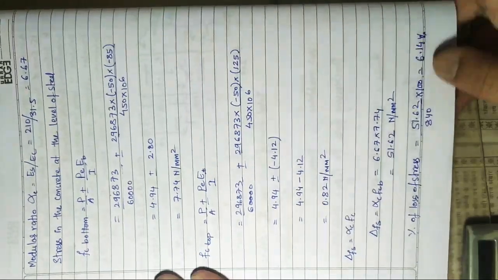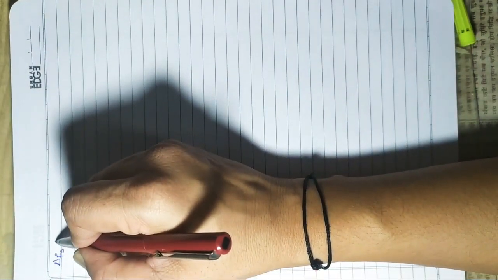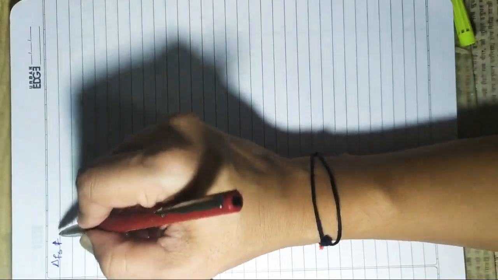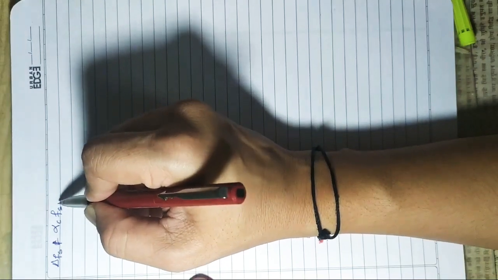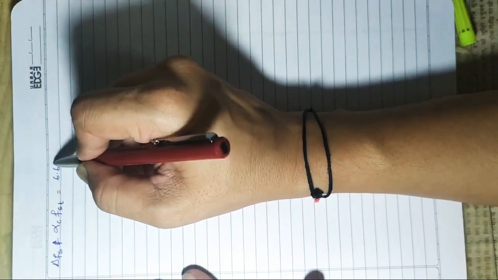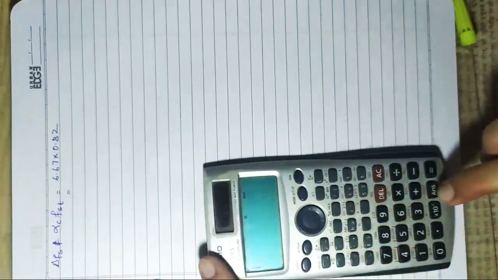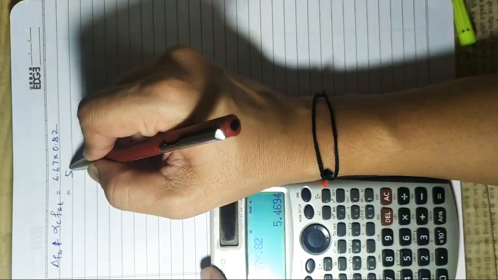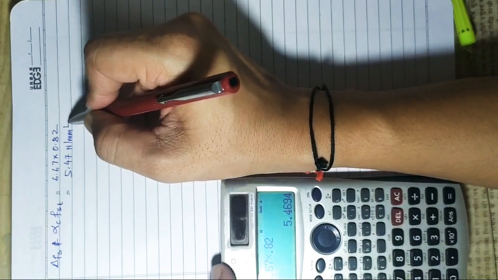Now for the top fiber, similarly, delta Fs is alpha E into Fc at the top fiber. That is 6.67 multiplied by 0.82, which comes out to be 5.47 Newton per mm square.